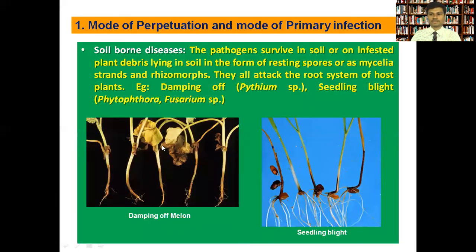Let's see one by one. Plant diseases are classified on the basis of mode of perpetuation and mode of primary infection. First, soil-borne pathogens. These are usually present in the soil in the form of threads of mycelium, pieces of mycelia, resting spores, or rhizomorphs. Rhizomorphs are formed from the accumulation of mycelial hyphae and are present in the soil.